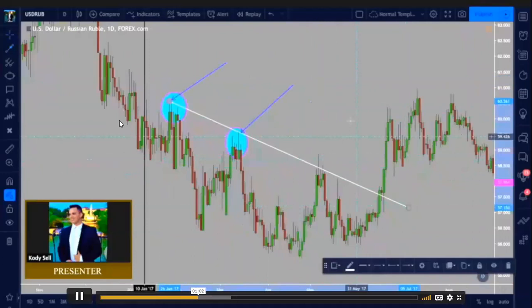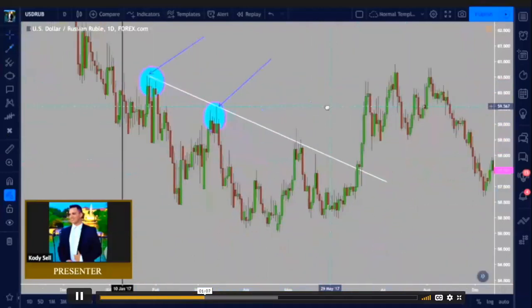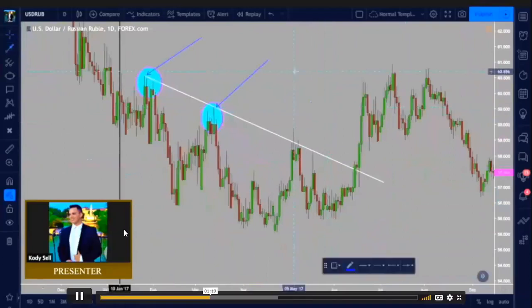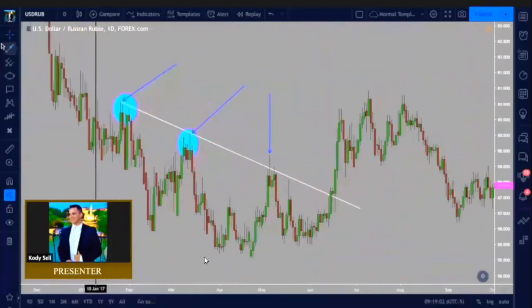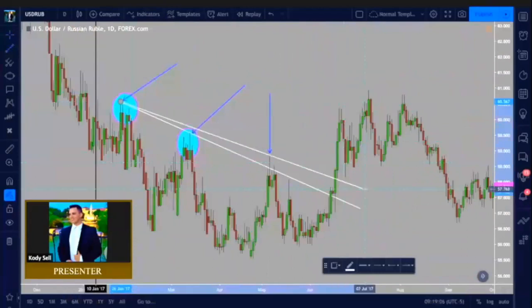Now, in the previous video, when we talked about this example, we didn't talk about what to do once we had a wick come through the trend line. Based on what I've told you all, you needed to adjust your trend line to fit that new wick, like so.